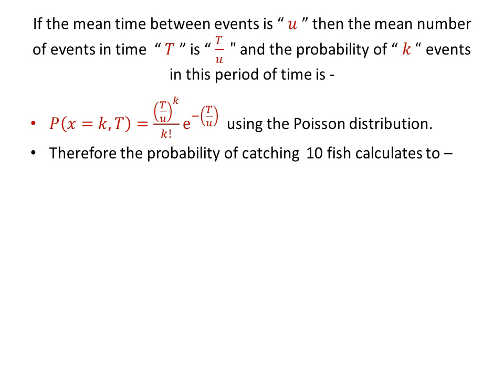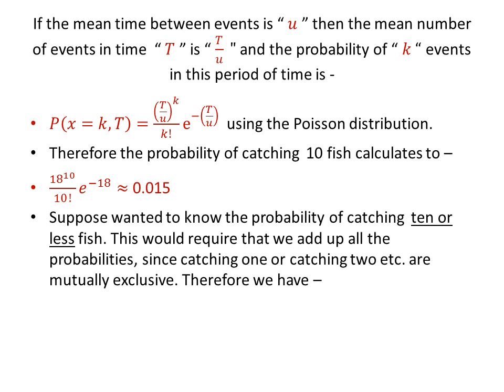Therefore, the probability of catching 10 fish calculates to 18 to the 10th power over 10 factorial times e to the negative 18, which is approximately 1.5%.